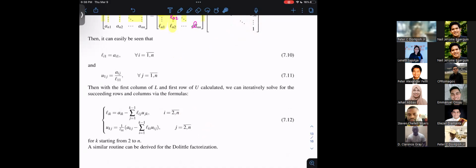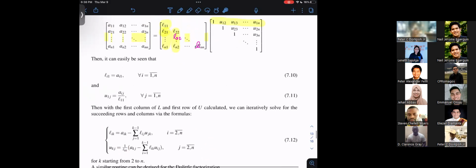And then here you see that the formula for U sub kj involves a division by Lkk, which are the diagonal entries of the matrix L. Well, if there is no LU factorization, meaning the conditions of theorem 7.4 were violated, then Lkk is possibly equal to 0, right?